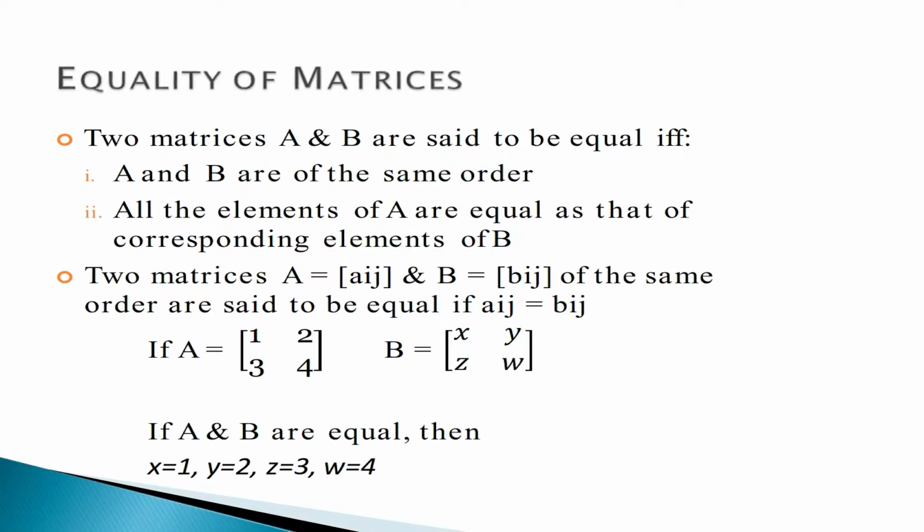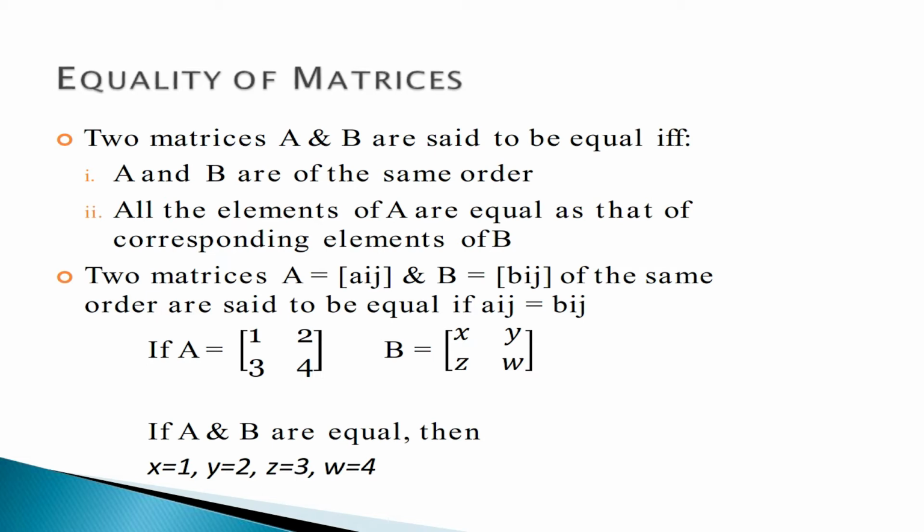Next is equality of two matrices. Two matrices A and B are said to be equal whenever the order of A and the order of B are the same, and all the elements of A are equal to the corresponding elements of B. Suppose here is an example: A is the matrix 1, 2, 3, 4 and B is the matrix x, y, z, w.